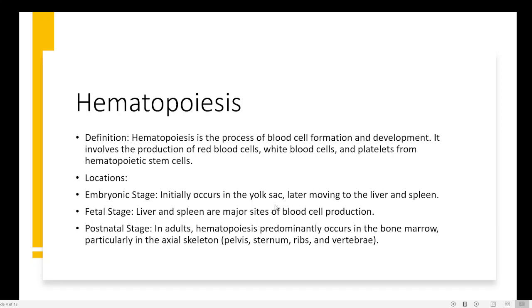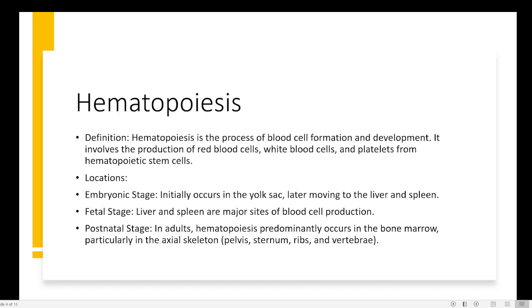Then at the postnatal stage, in adults, hematopoiesis mainly occurs in bone marrow, particularly in the axial skeleton like pelvis, sternum, ribs and vertebrae. So these are the bones which are mainly involved in blood cell formation.